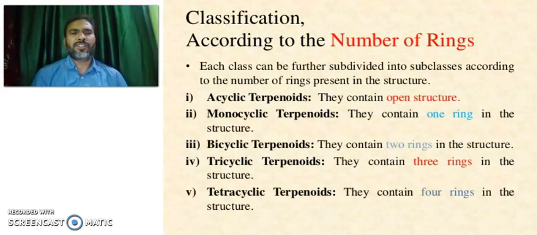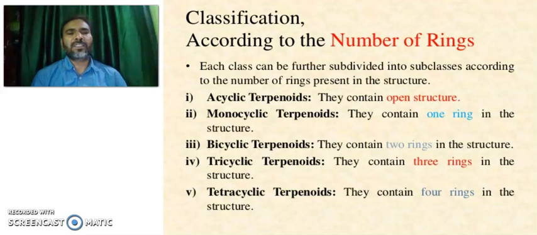Now classification according to the number of rings. Each class can be further subdivided into subclasses according to the number of rings present in the structure. Acyclic terpenoids contain an open structure. Monocyclic terpenoids contain one ring in the structure.